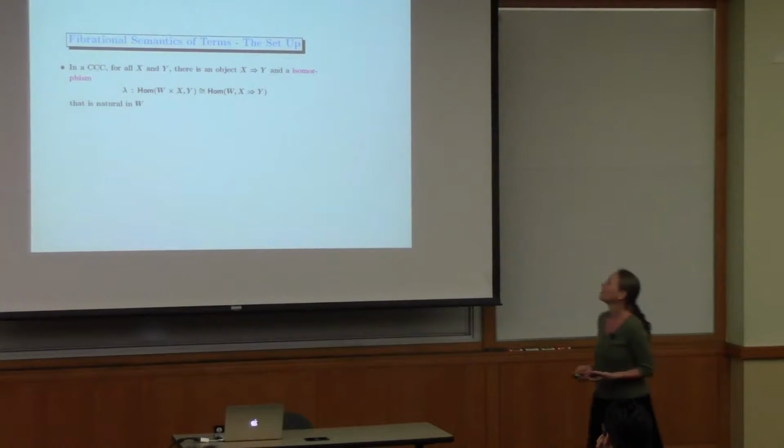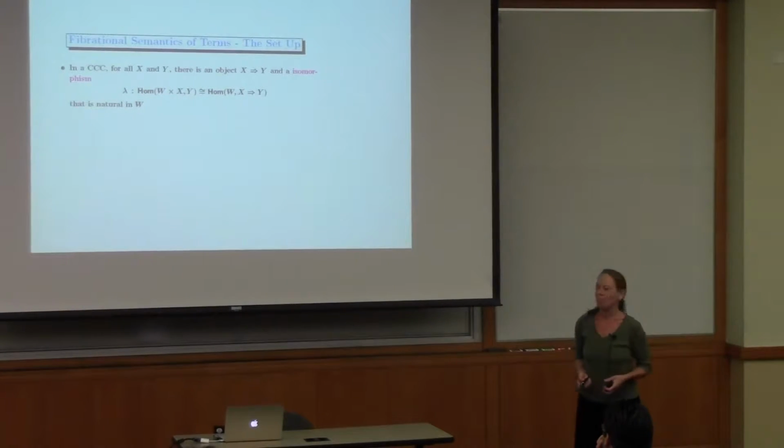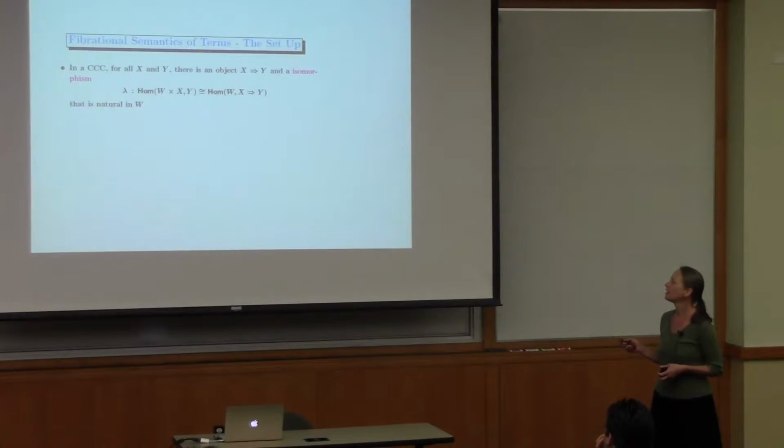Okay. What about terms? Well, let me just remind you that in a Cartesian closed category, not only do you have products and exponentials, and we need Cartesian closed categories because we need products to interpret the context, and we need exponentials, as you just saw, to interpret the arrow types.